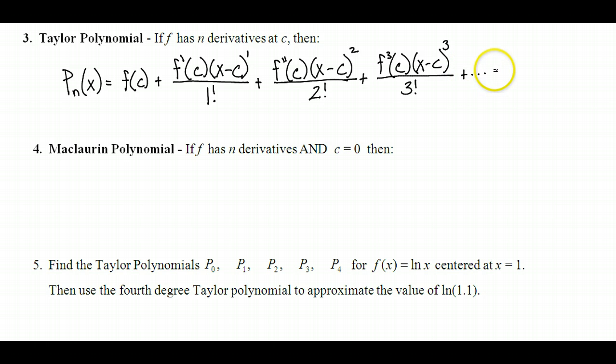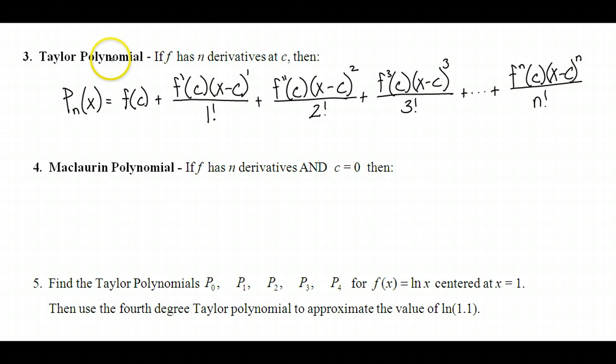And you can continue this to, let's say, the nth degree polynomial. Well, you'd have to take the nth derivative of your original function, plug in c, so that's going to give you that constant. Then you have x minus c to the power of n divided by n factorial. So you still have to go through and calculate your derivatives, but much more efficient than going through everything by hand.